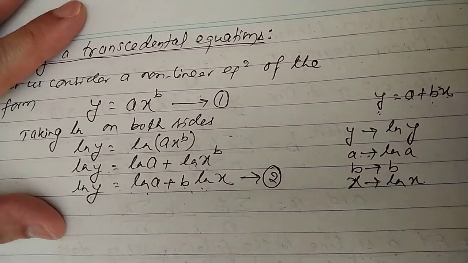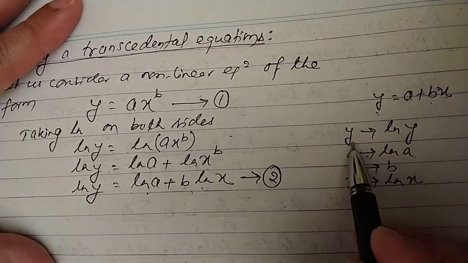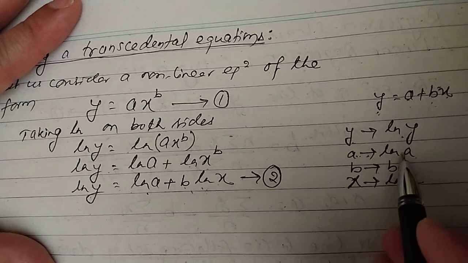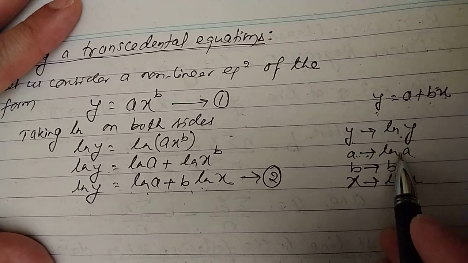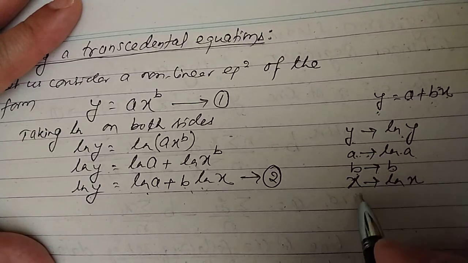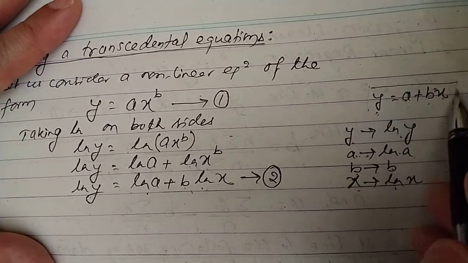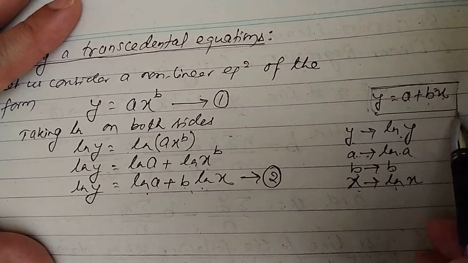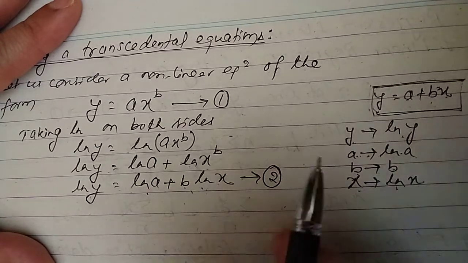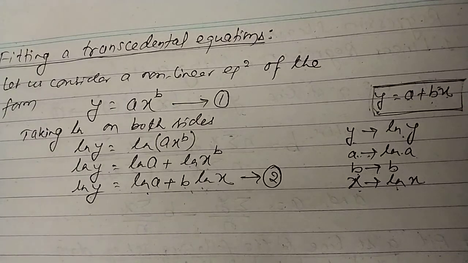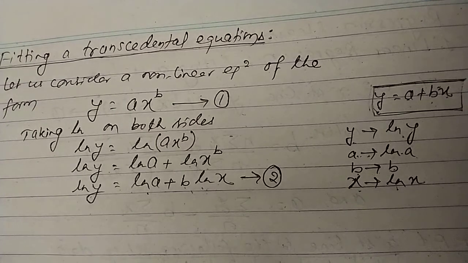So if you replace y by ln y, a by ln a, b by b, and x by ln x in the formula for linear regression, you will get the formula for the transcendental or non-linear equation.